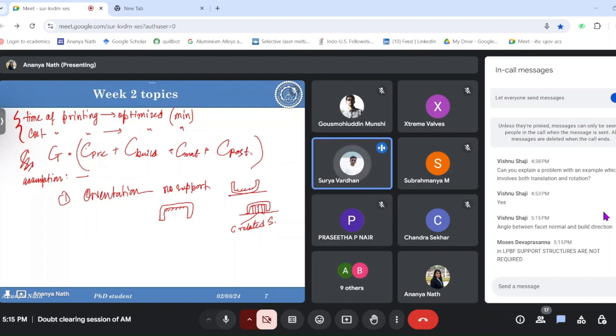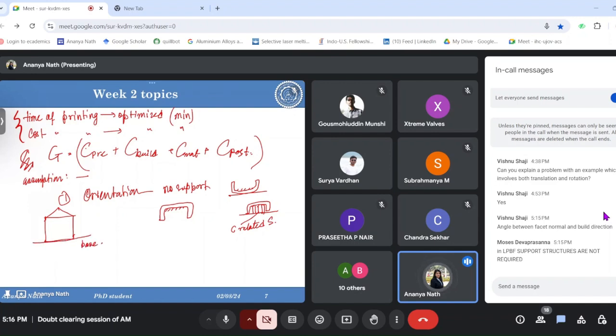Ma'am, to prevent the collapsing of material, sagging and the collapsing of the material. Why will a material collapse during printing or after printing? Because it's heated and it's in a semi-solid form. Okay, so if you are making a part like this, a simple cube, and over the cube there is one cone, this is your base.